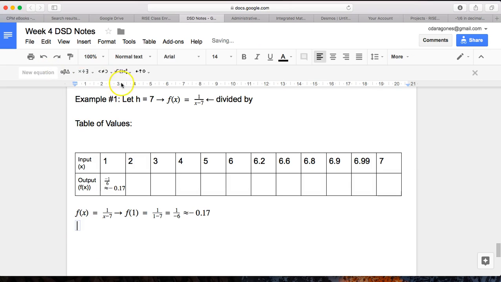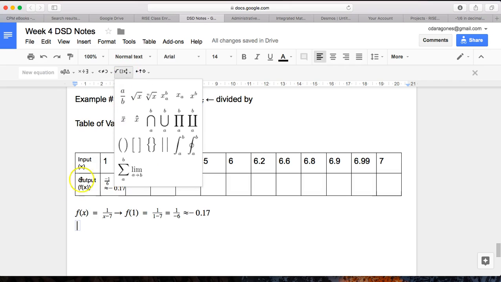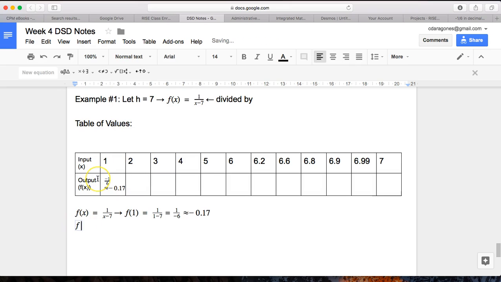So again, our function, now we're looking at f of 2, which is 1 over 2 minus 7, because now x is equal to 2. This becomes 1 over 2 minus 7 is negative 5.